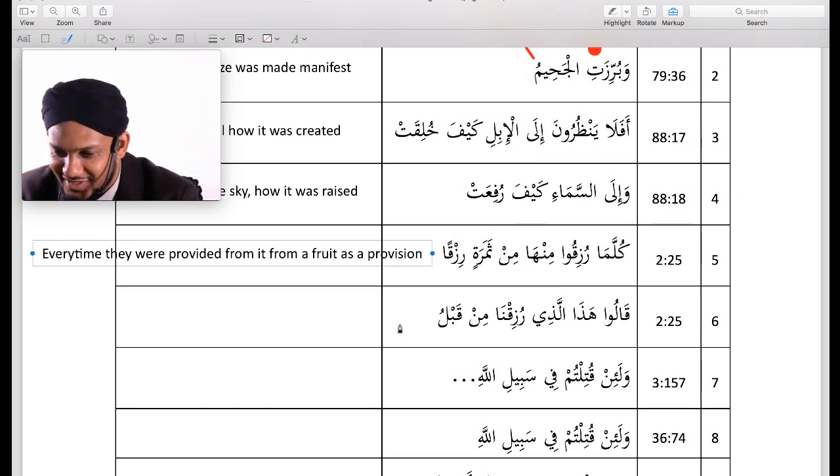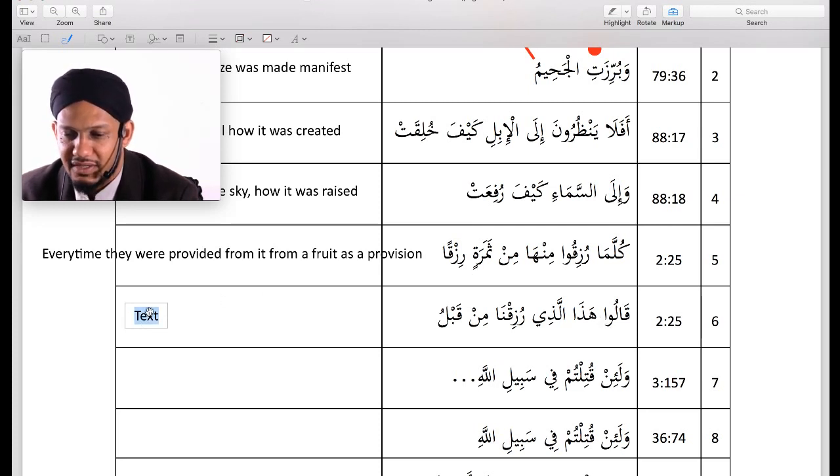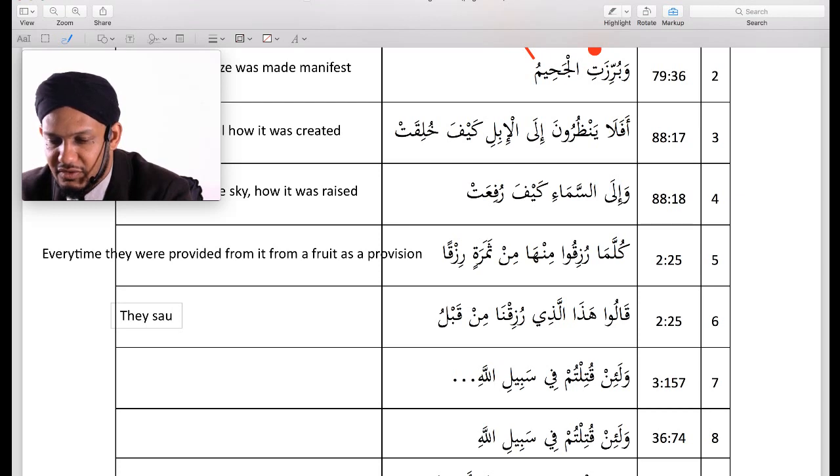قالوا. Let's go through it inshallah. قالوا is a ma'loom verb. So in other words, the wow there is the fa'il. They said. Who said? They said.